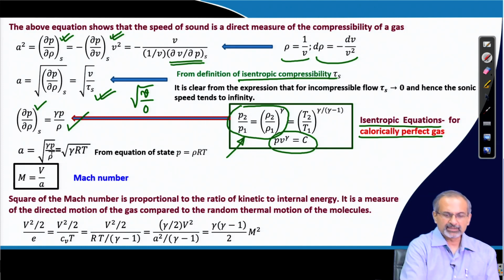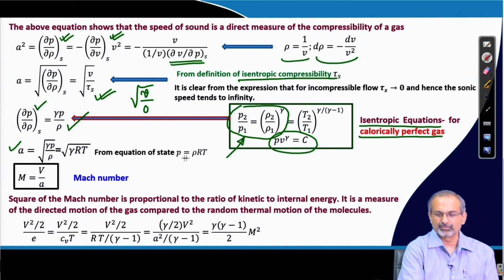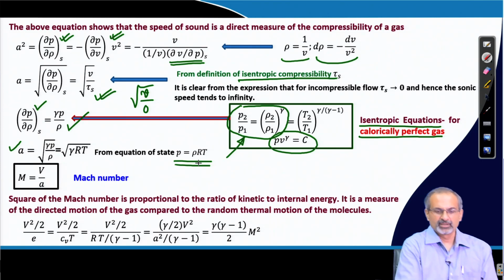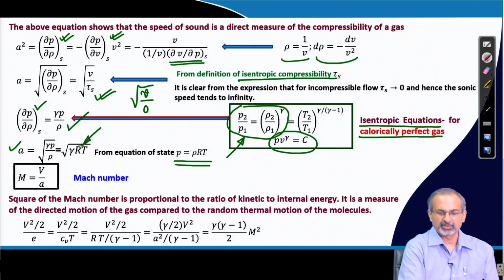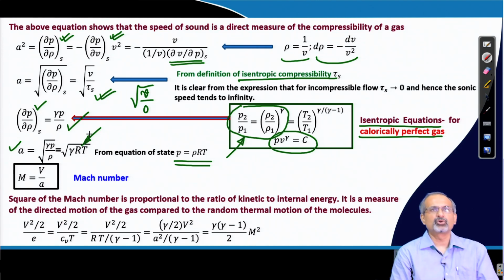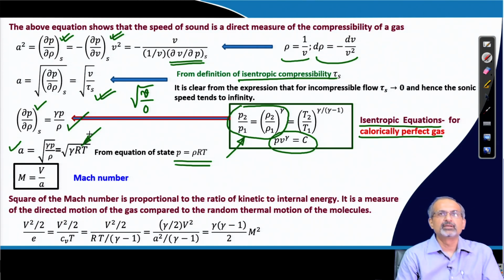Once you substitute that into the equation for A, you have under root gamma p by rho for A, and then if you bring in the perfect gas equation of state, you get it as root over gamma R T. So, you have now got alternative definitions for speed of sound.